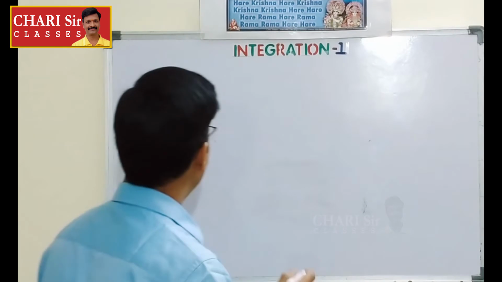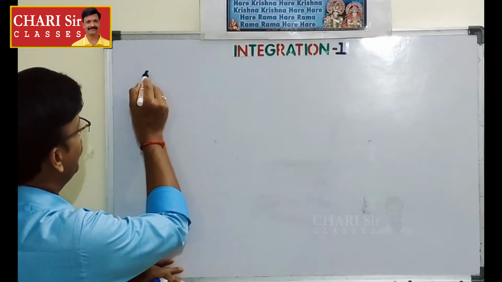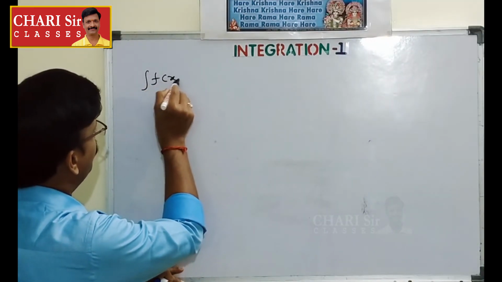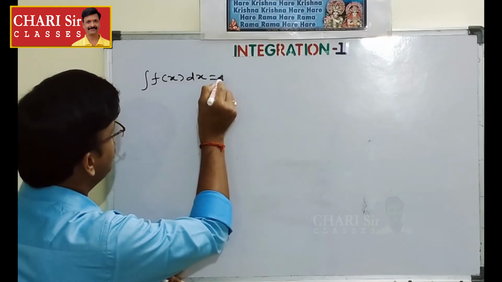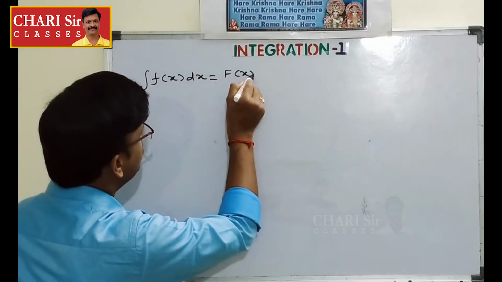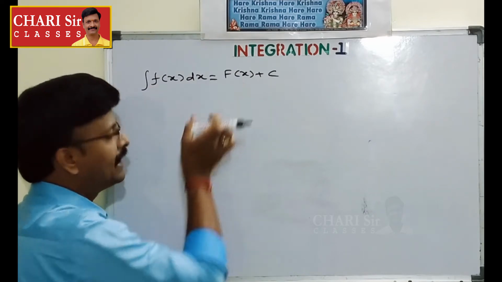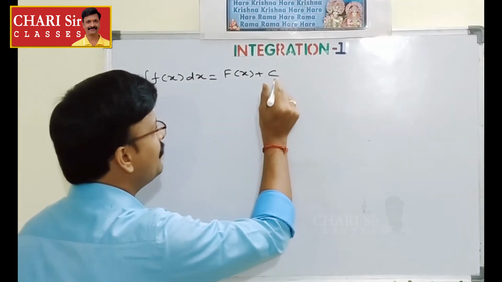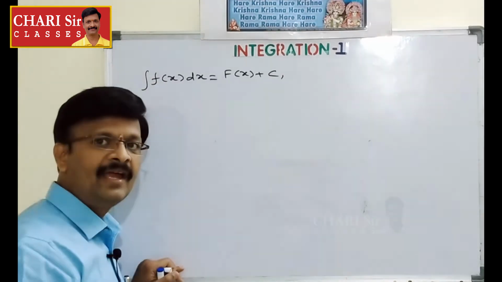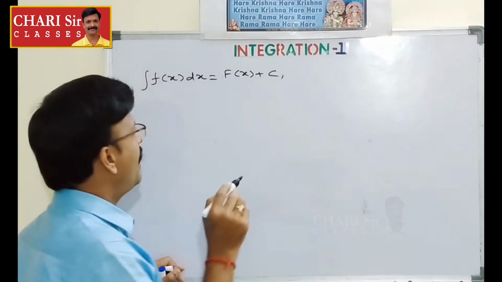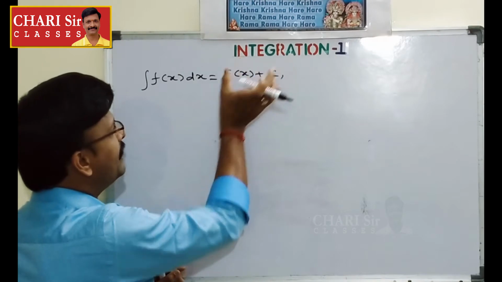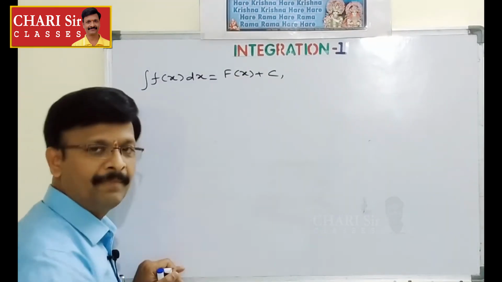And the integration of a function is denoted like this. Integration of f of x is defined as capital F of x plus c. So the integral of small f of x is capital F of x, and the plus c we write is called the integral constant. And always in indefinite integration you need to write this plus c.